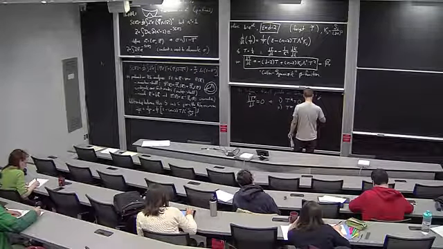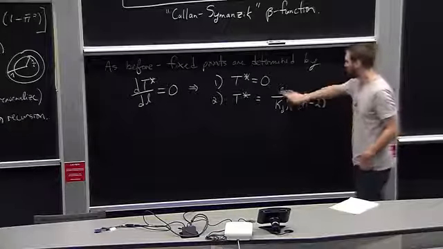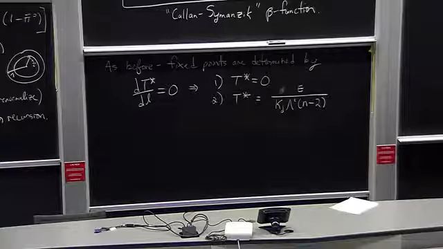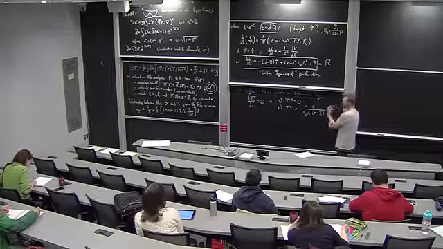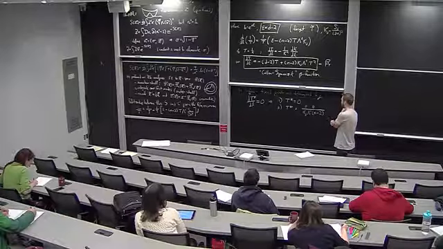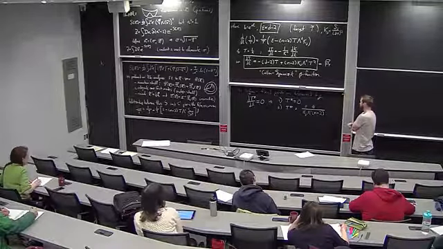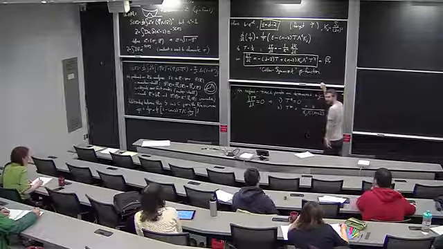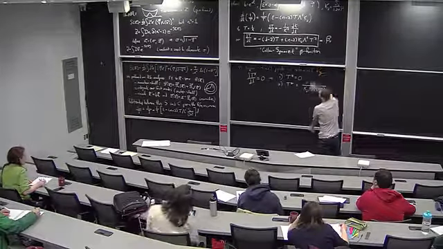I'm keeping the cutoff, so it's n minus 2. That's epsilon. So the philosophy is we're doing a perturbative expansion in d minus 2, or near 2 dimensions, say, right? So epsilon is measuring the distance from 2 dimensions. And the non-trivial fixed point, just by solving this equation, is that distance epsilon from 0.